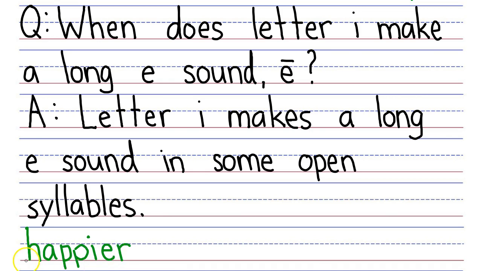So here, first syllable hap, second syllable E, third syllable er. So that second syllable is just the I acting all alone. It's ending in a vowel. It starts and ends in a vowel.